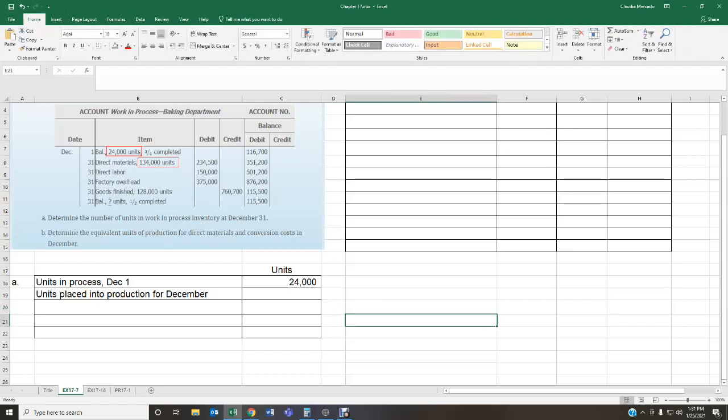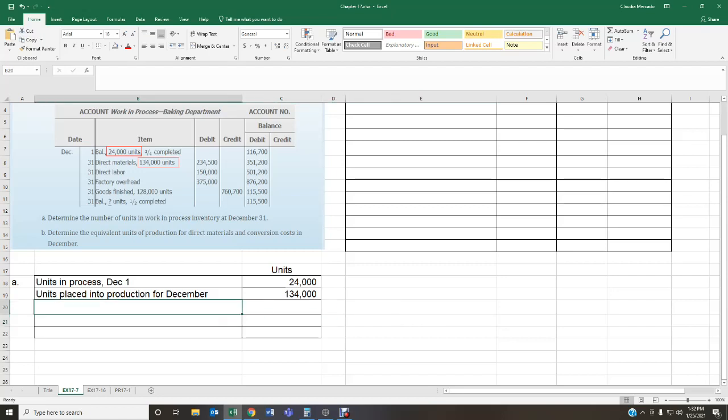Okay. 134,000 units were put into brand new production in the month of December. So these 24,000 units were a carry forward from November. We carried them over from November to December. We didn't get to finish them in November, so now we're going to finish them in December. And then in December, I started production of an additional 134,000 units.